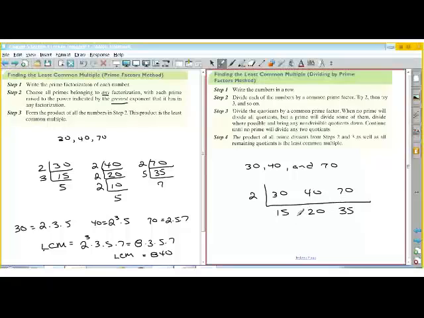And what you see is I can't divide all of these by 2. I can divide them all by 5, so as long as you can divide by the same factor, that's great. So you keep doing that. 15 divided by 5 is 3, and 20 divided by 5 is 4, and 35 divided by 5 is 7.